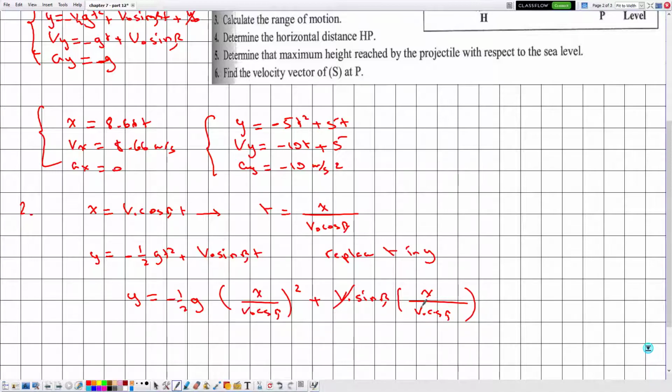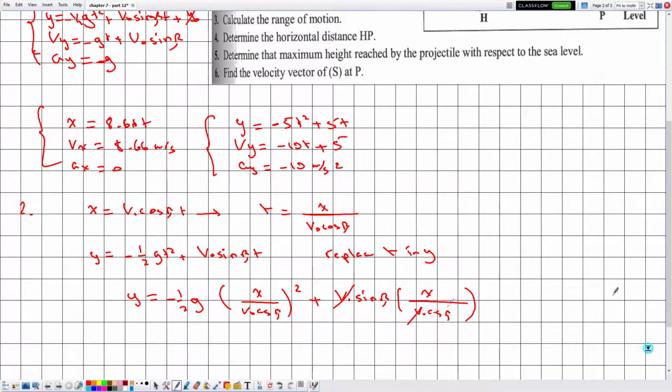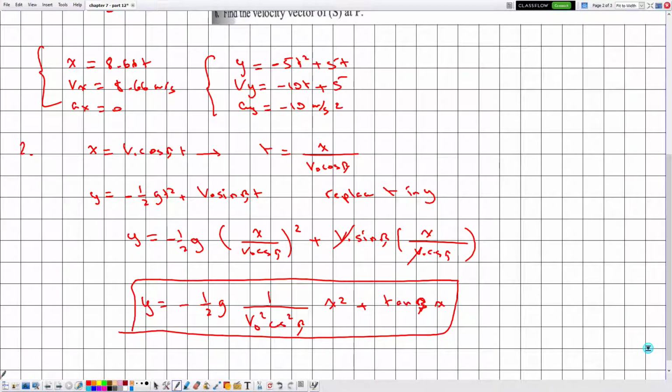Now v0 simplifies with v0, and this ratio gives us tangent beta. Then y is equal to minus half g, 1 divided by v0 square cosine square beta, x to the power 2, plus tangent beta x.